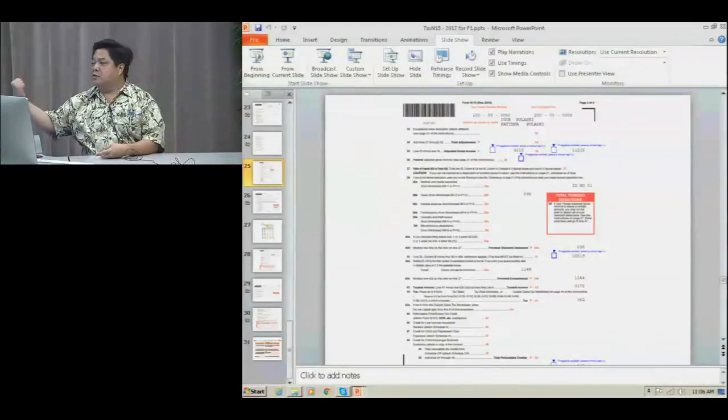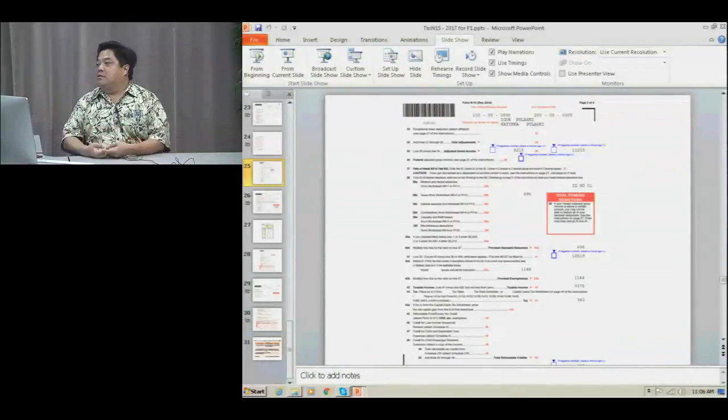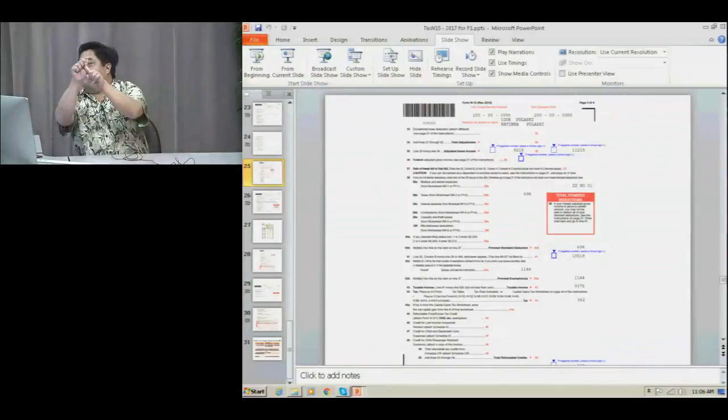And then on the other one, you only pay tax in that particular state, but you get a credit for what you already paid on the resident state. So if you already paid California and Hawaii in the California tax return, as a resident of California, then the Hawaii is only on the Hawaii tax.